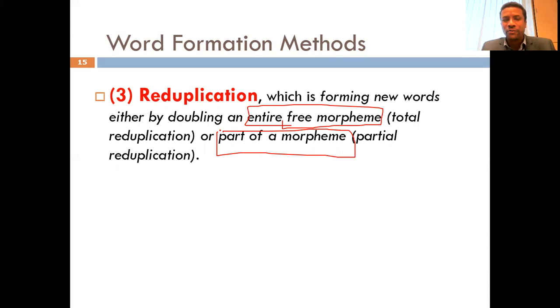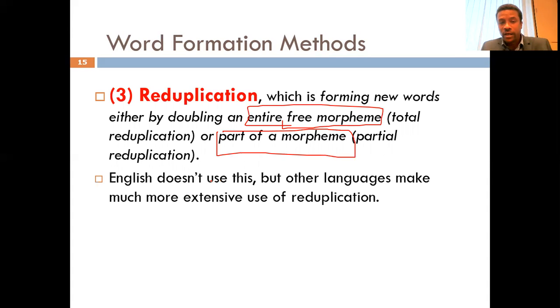And it's a common kind of word formation. So if you duplicate part of a morpheme, we call it partial reduplication. If you duplicate the whole morpheme, we call it an entire or a total reduplication. But reduplication is a process of duplicating some part of the word or the whole word to create another version of the word. And we have very good examples.